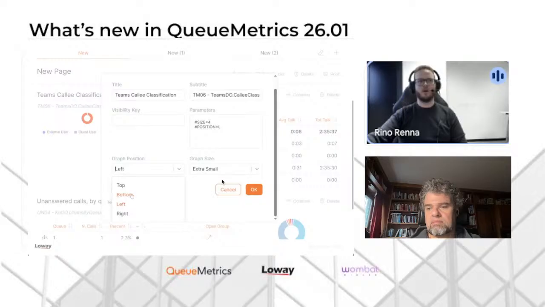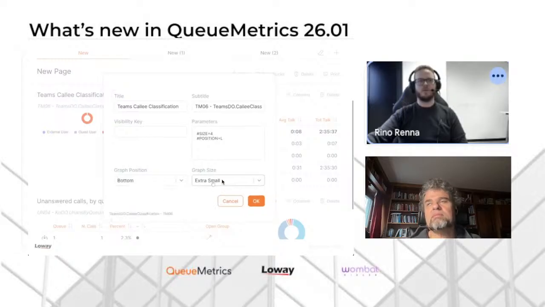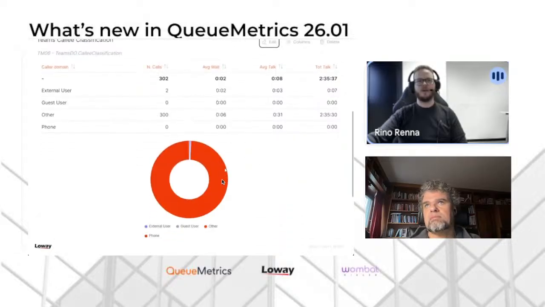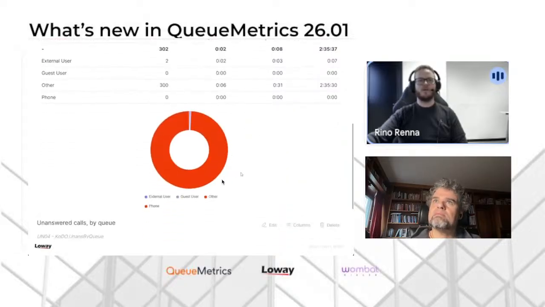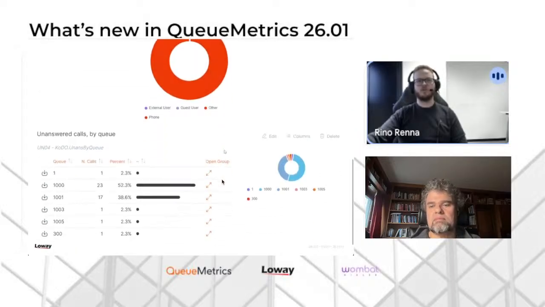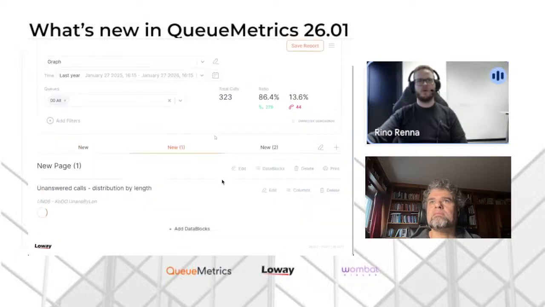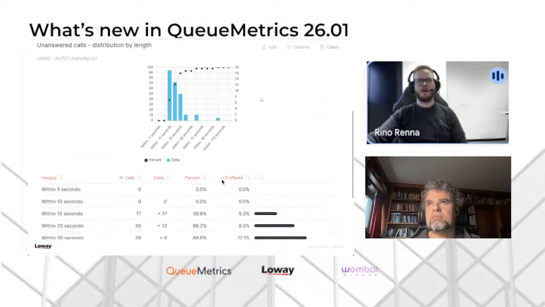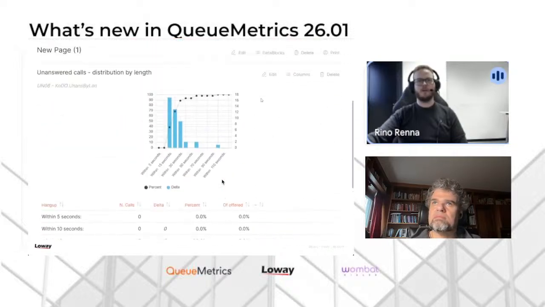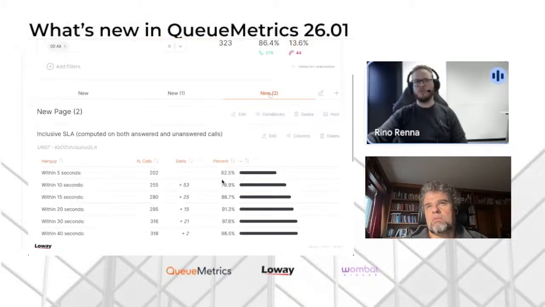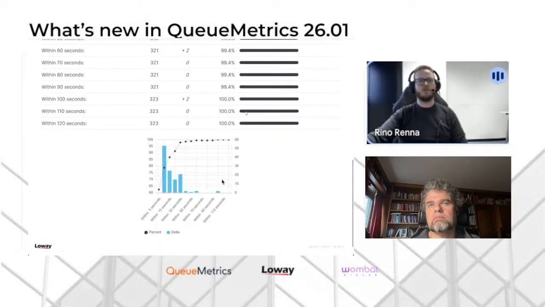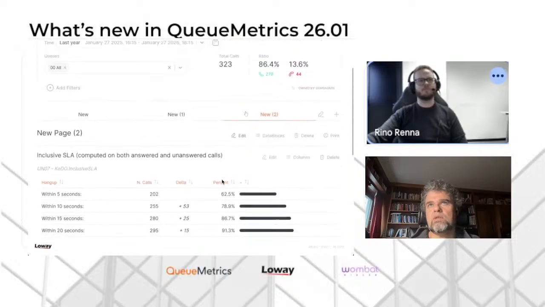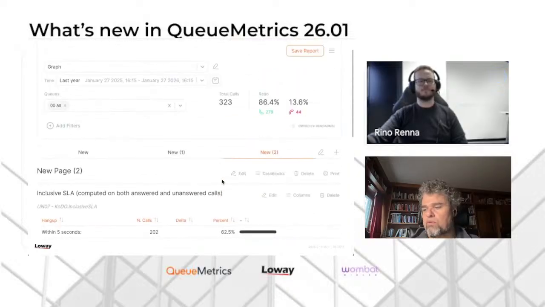In this case, I want to put it on the bottom with a big size, and if I click OK, it immediately re-renders and shows the chart in the position you selected. We now have a different position and size, so you have the possibility to select whatever you want, to make a report that looks right for you.